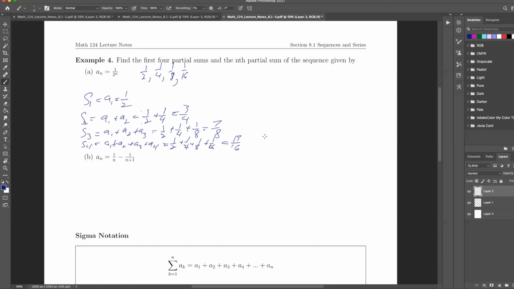All right, so let me write out my S sequence. The sequence of the sums is a half, 3/4, 7/8, 15/16. Can you guess what the next one is?